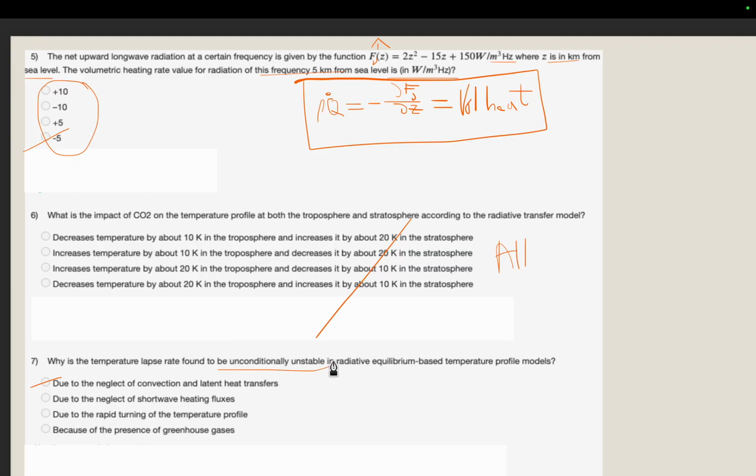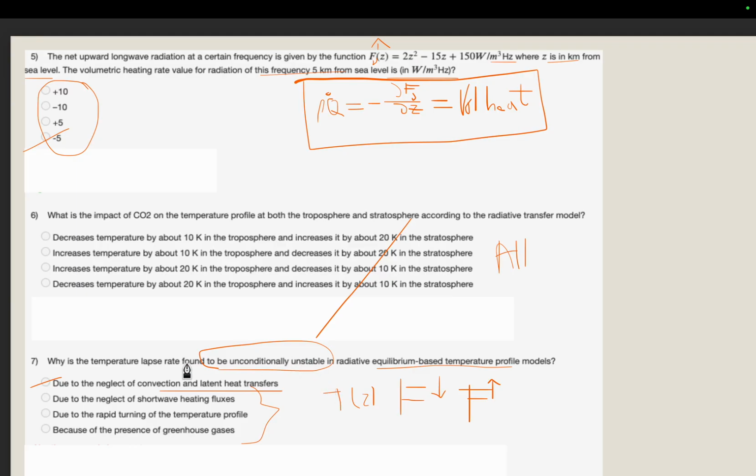This unconditionally stable or unconditionally unstable is solely linked with the latent heat transfer and the convection. This radiative equilibrium based temperature profile only takes care of the short wave heating fluxes and how the temperature changes with z, or the flux F, lower or higher, but does not take care of the convection and the latent heat.